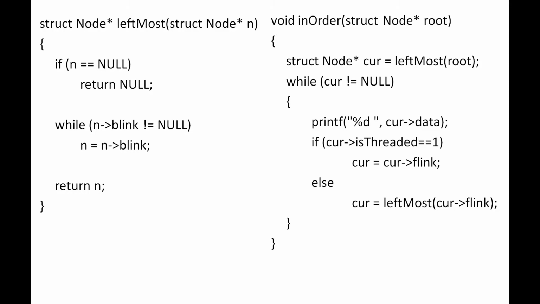If it is threaded, then we go for the f-link pointer, because in a threaded binary tree the f-link pointer contains the address of the parent. So we just use it. Whereas if it is not threaded, that means it already has a separate right node. So we have to identify the leftmost node of that particular f-link node. In this way the traversal will get completed.